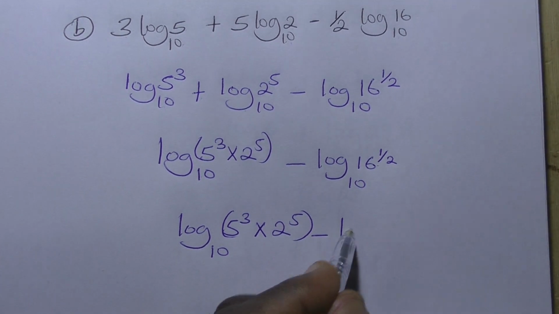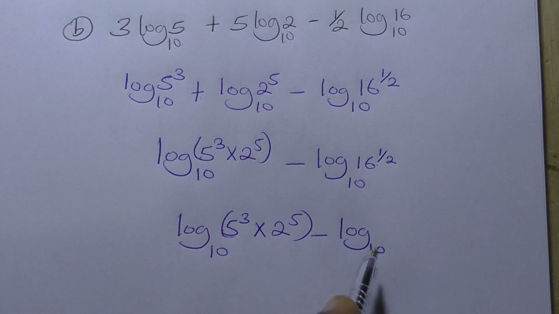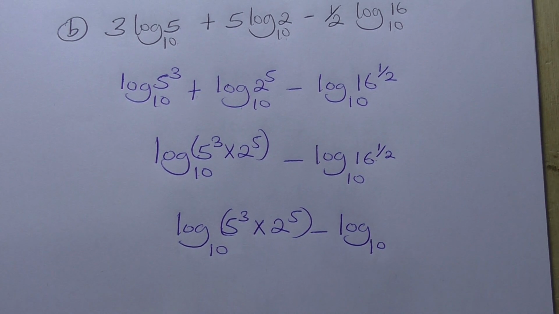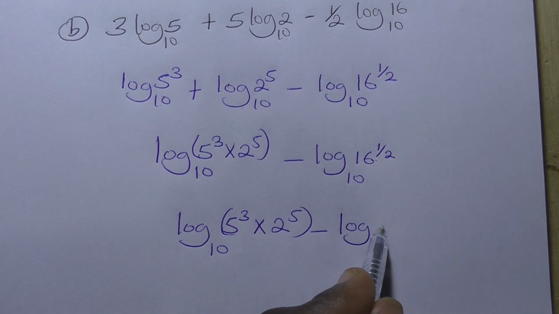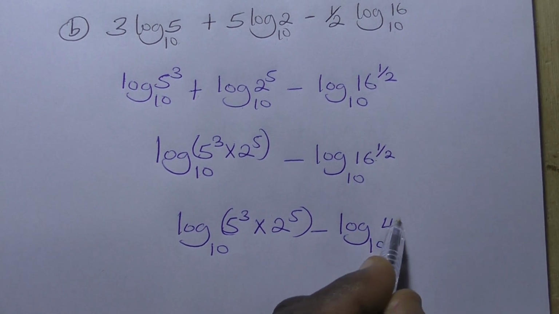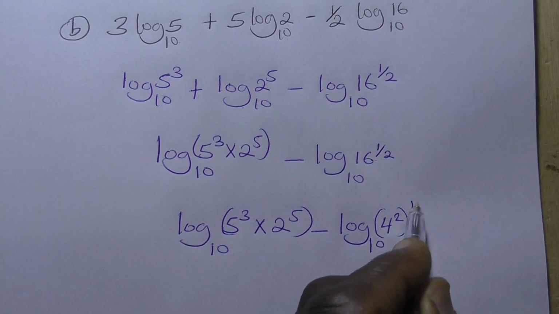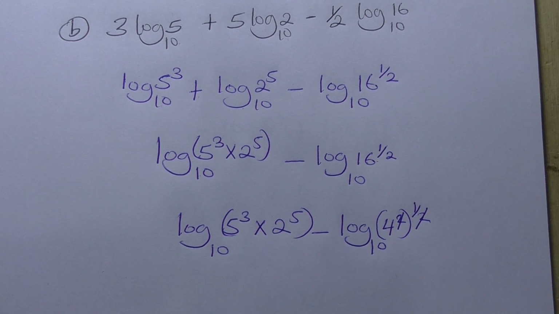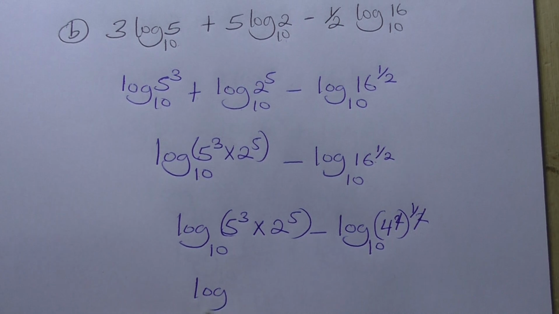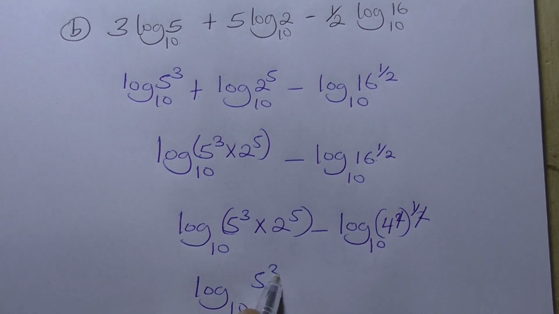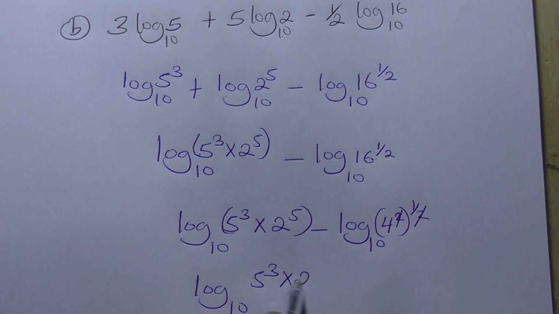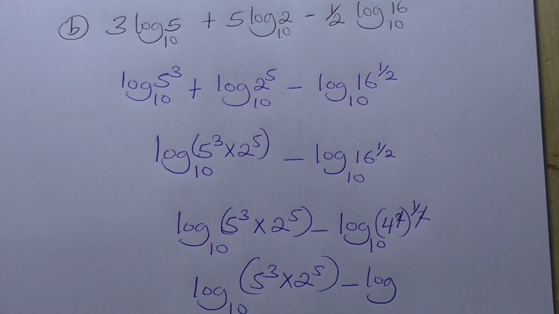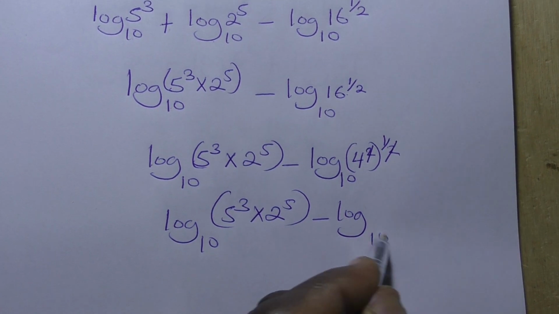Or let us simplify it in another way without cramming the square root. So 16 is 4 power 2, power half. So the half cancels with the 2, thereby giving us log 10 5 power 3 times 2 power 5 minus log 10 power 4.